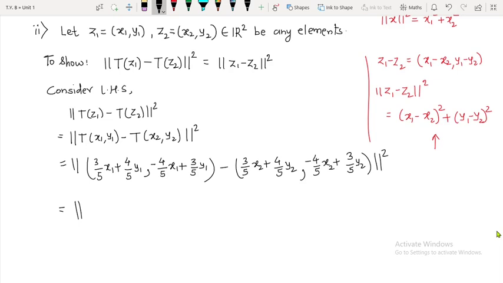So subtraction of first coordinates: inside the bracket, one can see this is 3 upon 5 x1, over here it is 3 upon 5 x2, so that 3 upon 5 can be taken common, so this can be written as 3 upon 5 common. Inside the bracket what is left out? It will be x1 minus x2, plus, in a similar way I will take that 4 upon 5 out, and inside the bracket it will be y1 minus y2. Now this is the first coordinate, I hope you are getting.